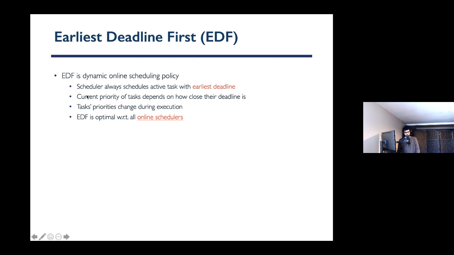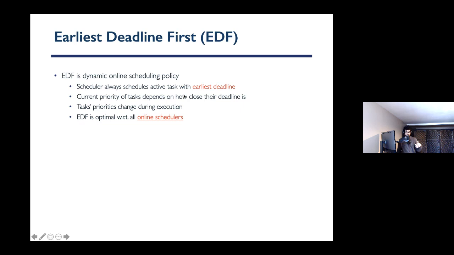Now, the current priority of tasks depends on how close their deadline is. Because we're assigning priorities to jobs, a task's priority is basically changing over time, because each task has a different job over time, and each one of these jobs is going to get a priority.